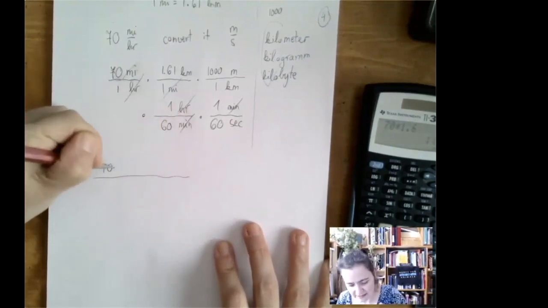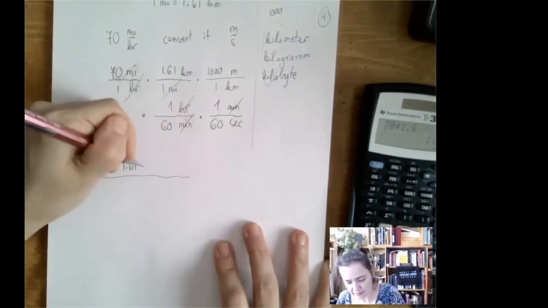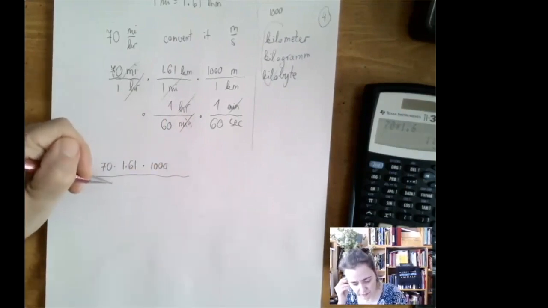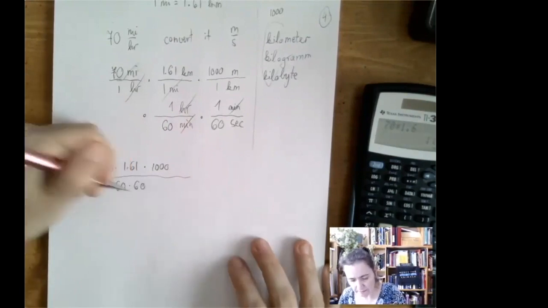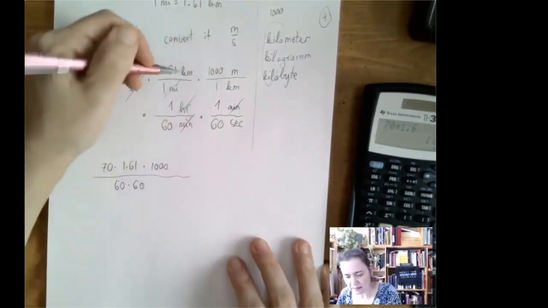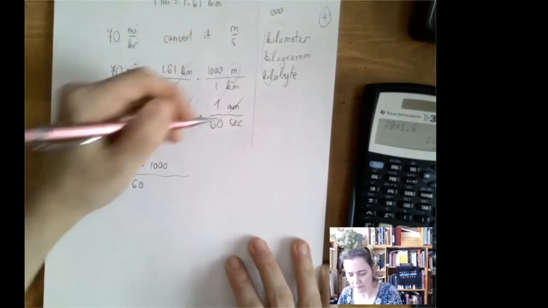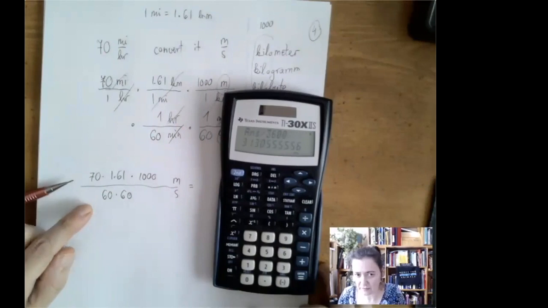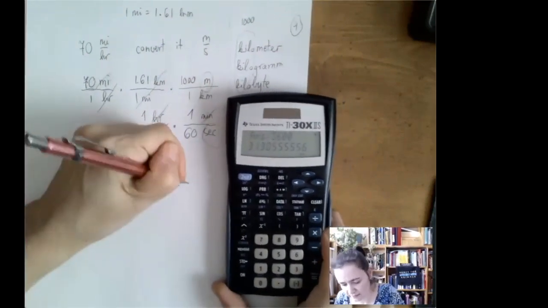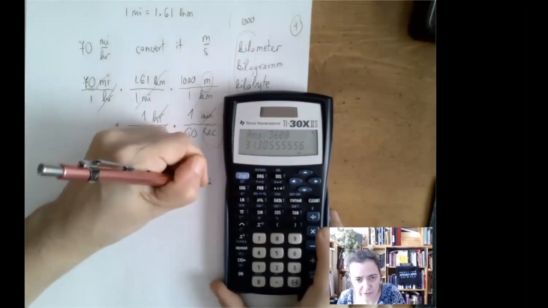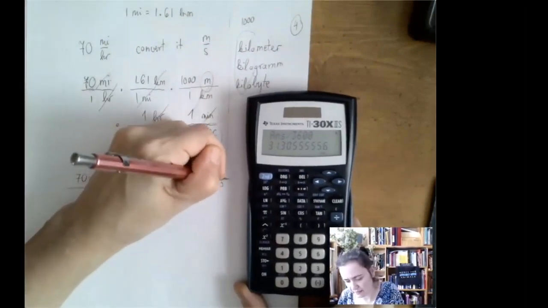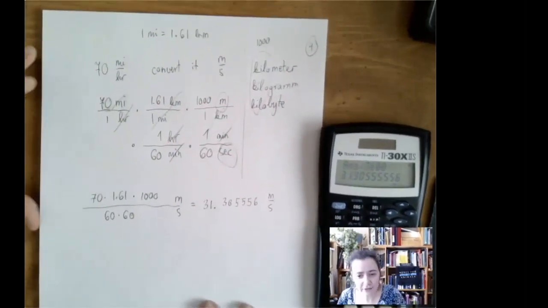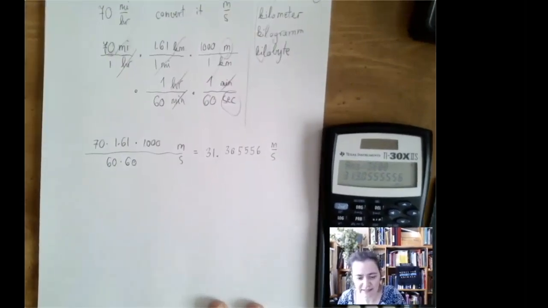We have 70 times 1.61 times 1,000 divided by 60 times 60. And we are in meters per second. 31.30555 meters per second. Okay, so this is really very useful in case of complicated conversions.